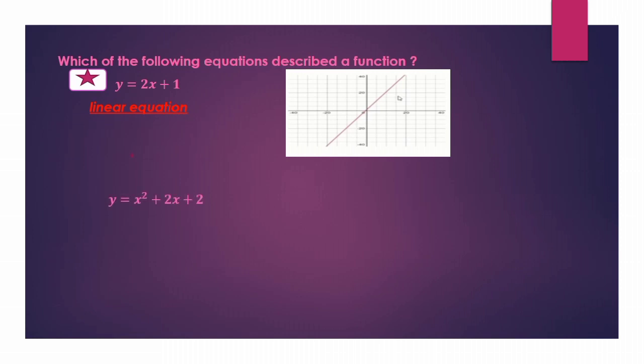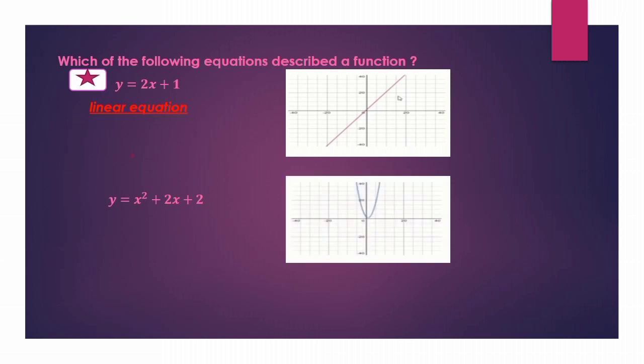Next example. Y is equal to x squared plus 2x plus 2. So this equation is an example of a quadratic equation. And what does the graph of a quadratic equation look like? It is what we call a parabola.